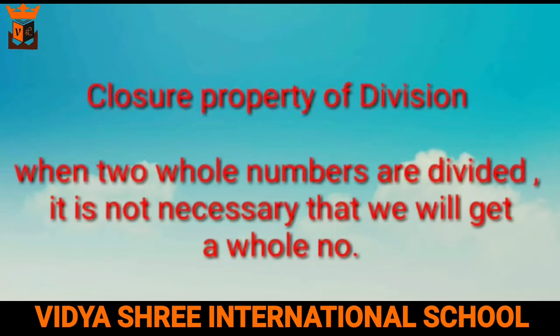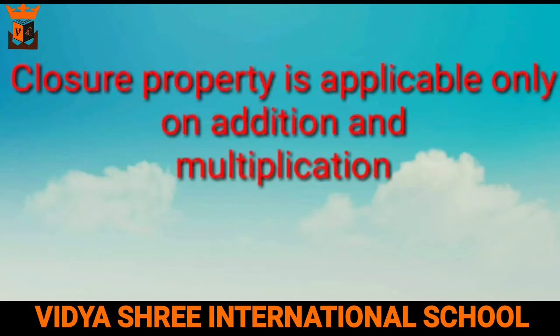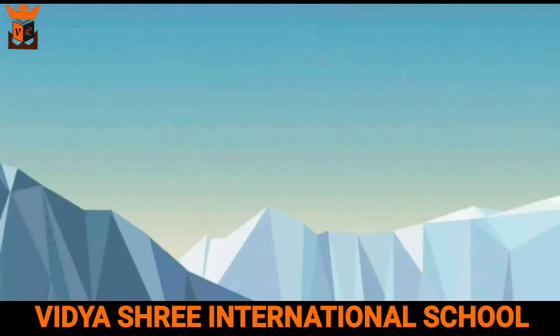And same for the division. When two whole numbers are divided, it is not necessary that we will get a whole number. For example, 8 divided by 4 is equal to 2, but 4 divided by 8 is not a whole number. So the closure property is applicable only on addition and multiplication.